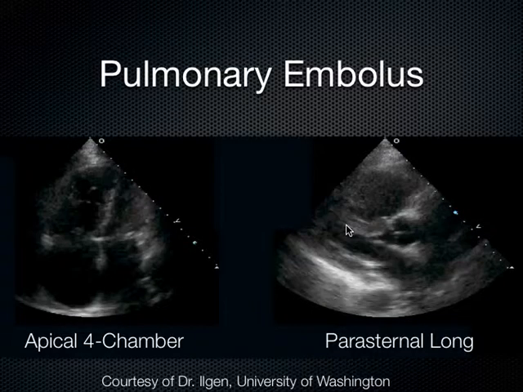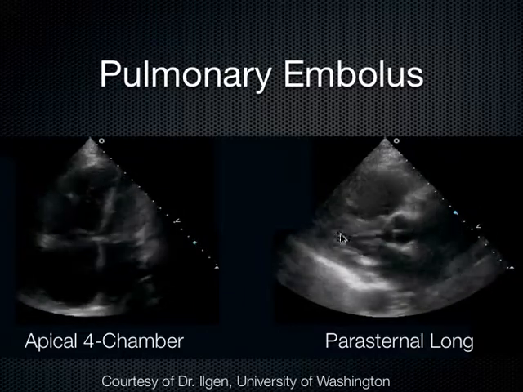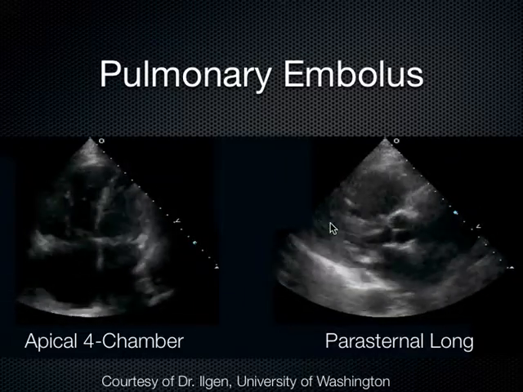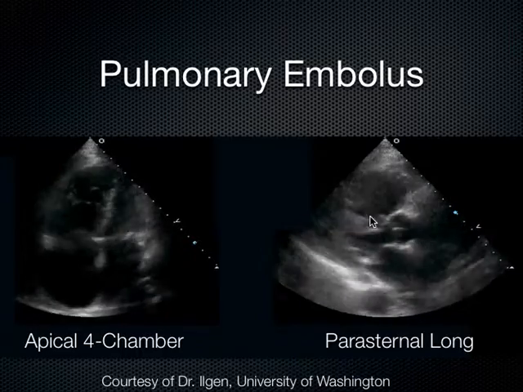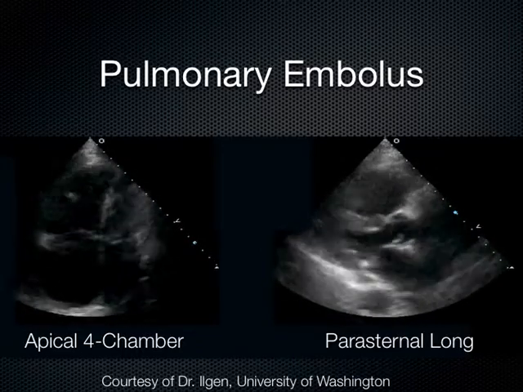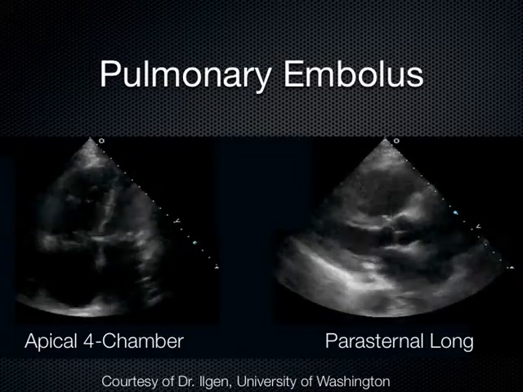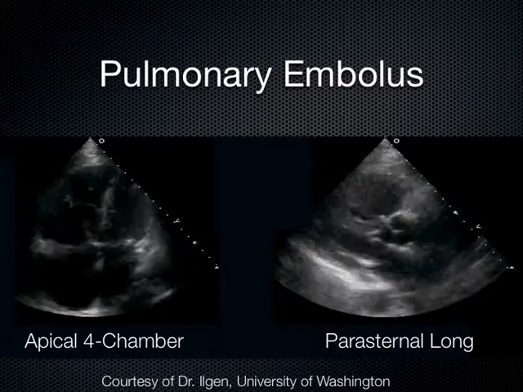The septum and the posterior wall are actually kissing each other. That tells us that there's no fluid in that left ventricle, and the right ventricle is very big. We can see this in situations like pulmonary embolism or pulmonary hypertension, where we see an RV strain.